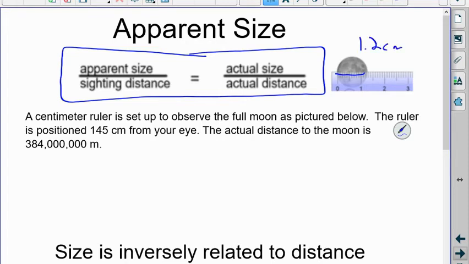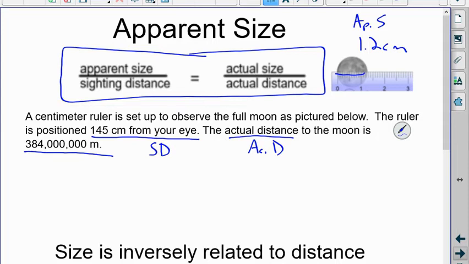So this would be the apparent size, 1.2 centimeters. Then as I read this, centimeters set to observe the full moon pictured below. The ruler is positioned 145 centimeters from your eye. That is the sighting distance. The actual distance to the moon is 384 million meters.